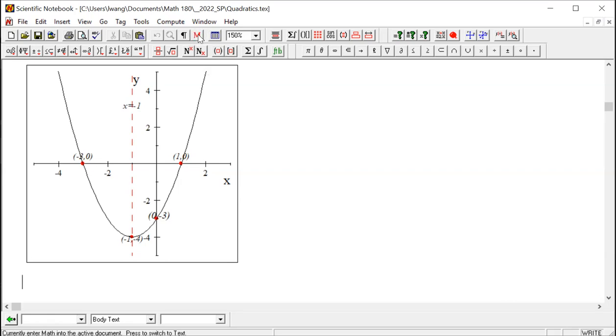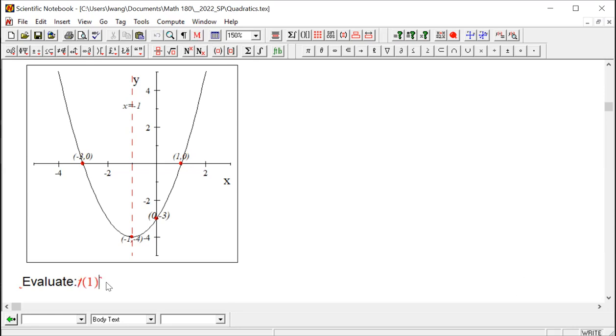you might see these notations, say f of 1, right? This is 1. They will tell you: evaluate f of 1.